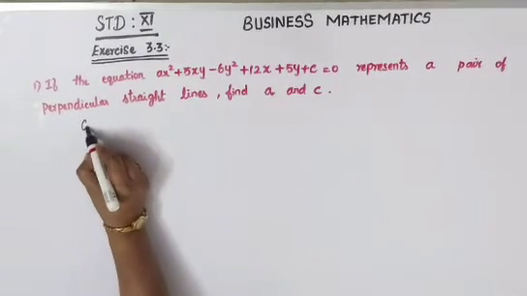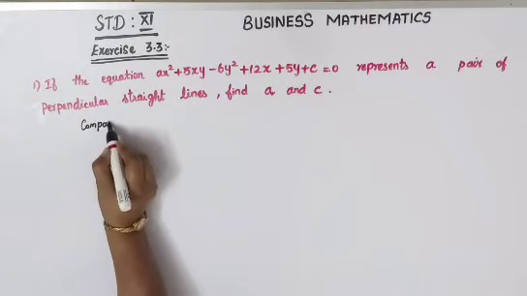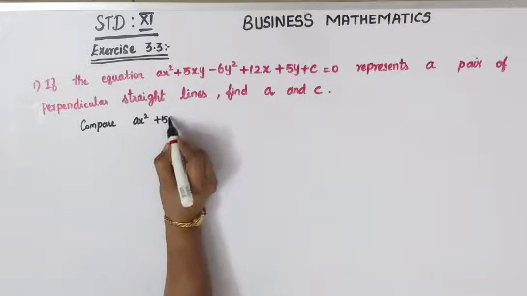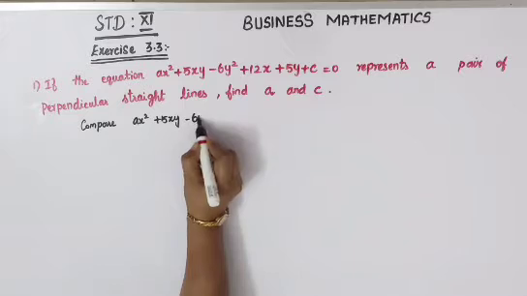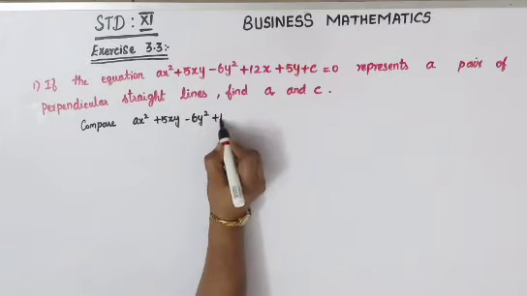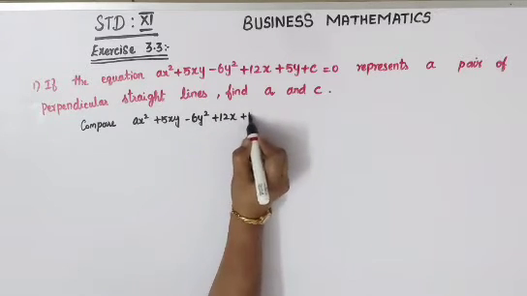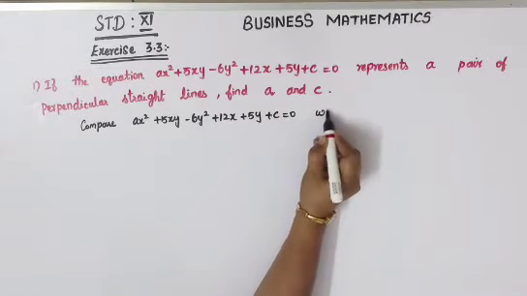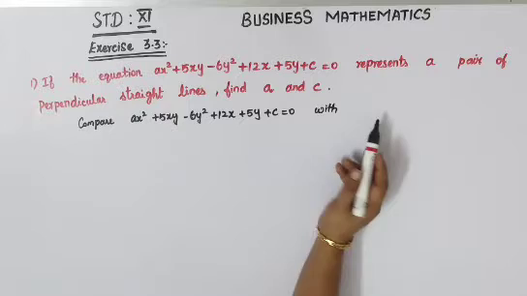So compare ax² + 5xy − 6y² + 12x + 5y + c = 0 with the general equation of a straight line.